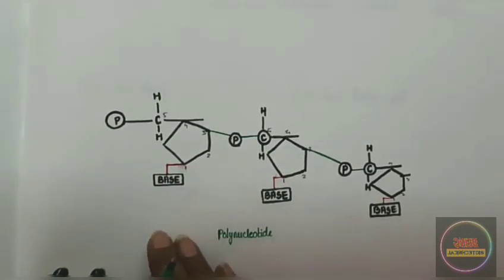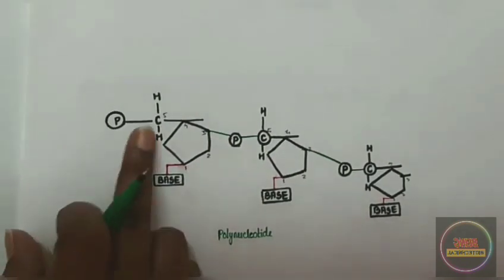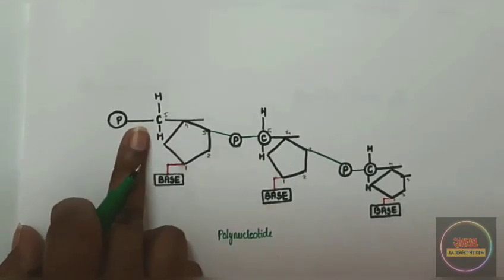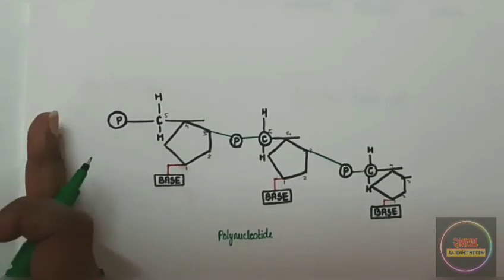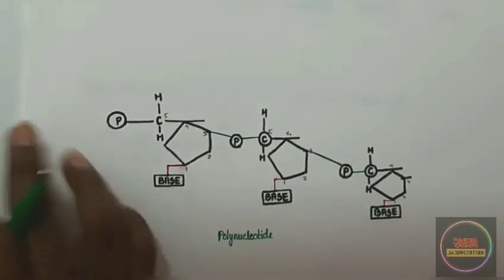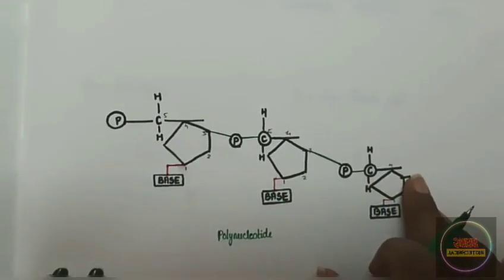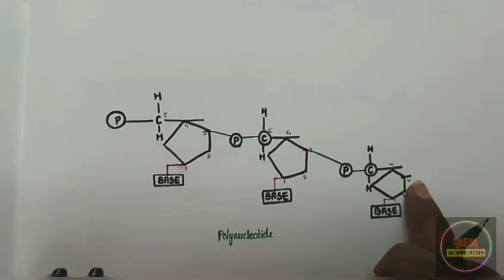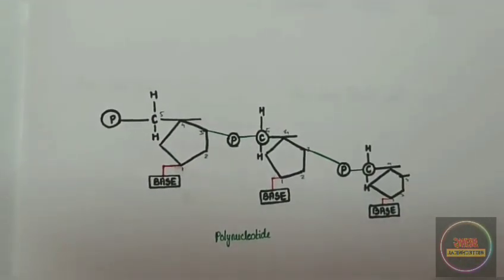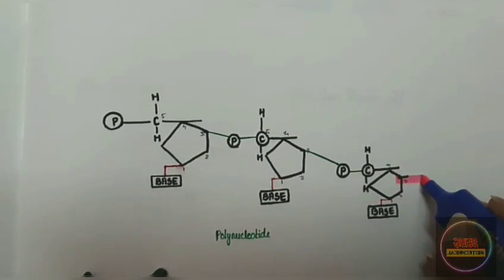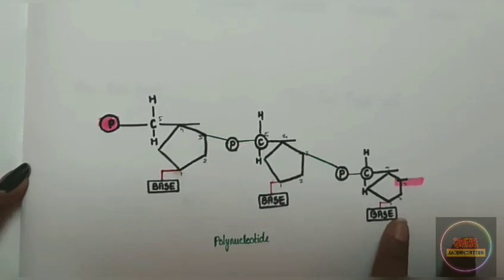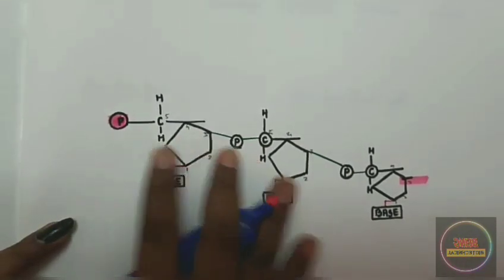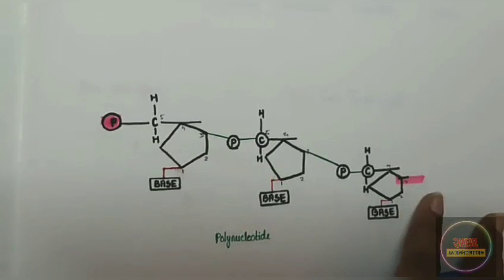Now you will find that on the left side, there is a phosphate group which is not attached to any nucleotide. On the right side, there is no phosphate group attached to the 3' carbon. So we may say that this phosphate is free and this 3' carbon is also free.